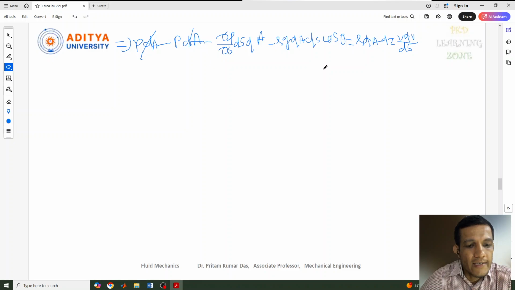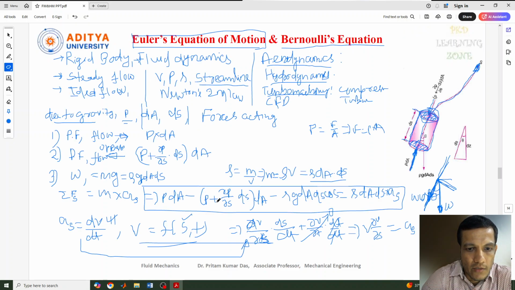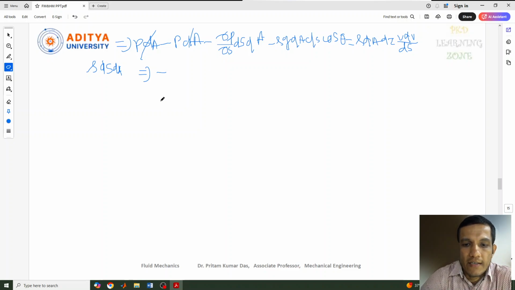Now what I'll do here, I'll divide both sides by rho ds dA, the right hand side as well as the left hand side. So the ds dA will be cancelled.